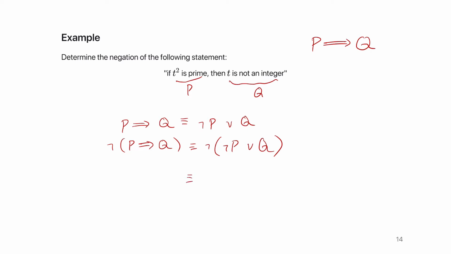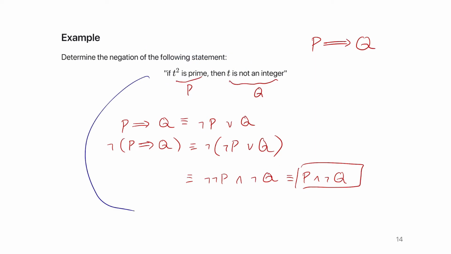So we'll say this is not P and not Q. Right? Which the double nots go away and we have P and not Q. So in terms of this statement, the negation would be t squared is prime and t is an integer.